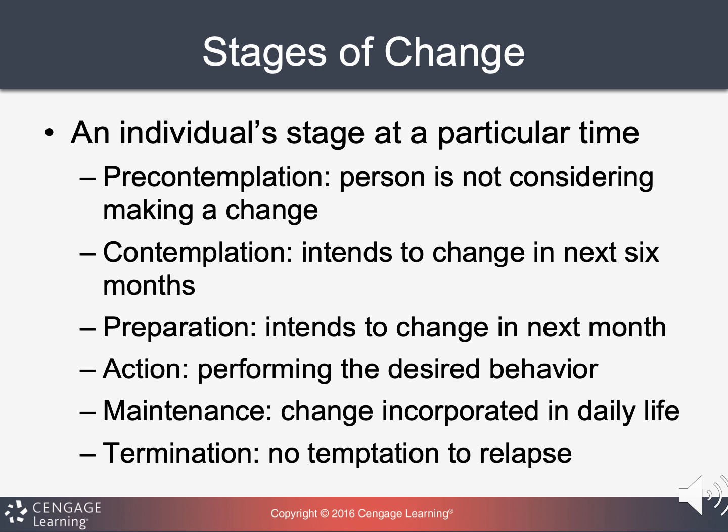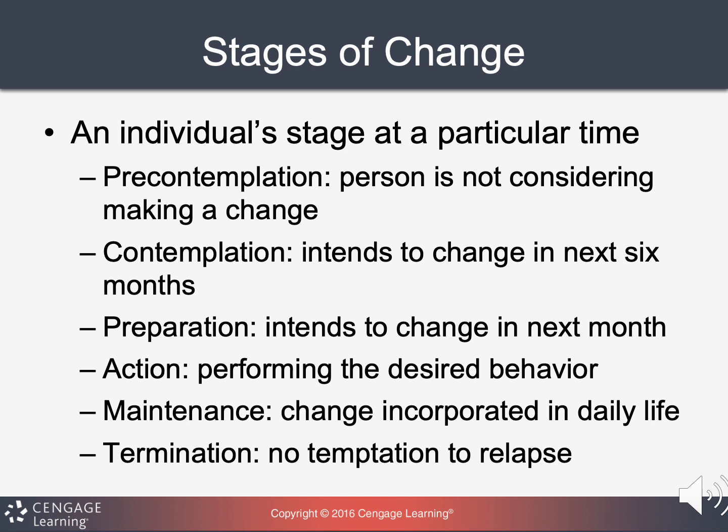Action is the stage where the person is doing the behavior, or they're not doing the bad behavior or undesired behavior. So either the person now is taking action to not smoke. Maintenance is when the person has taken this change into their life for at least 6 months.